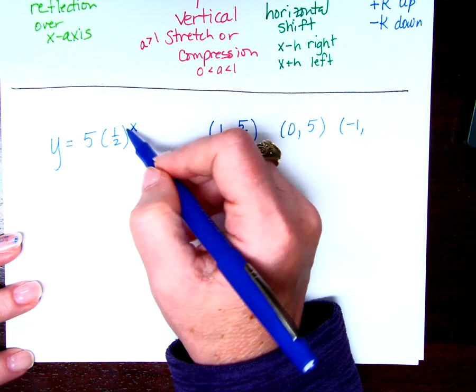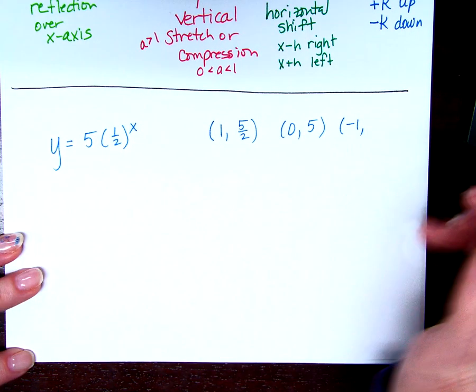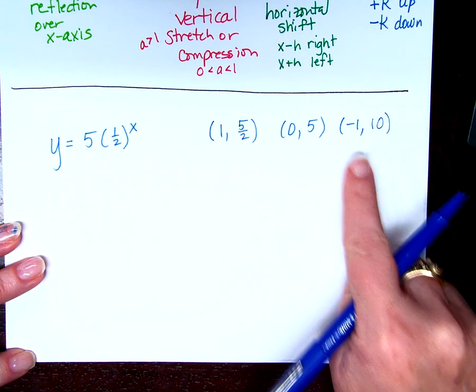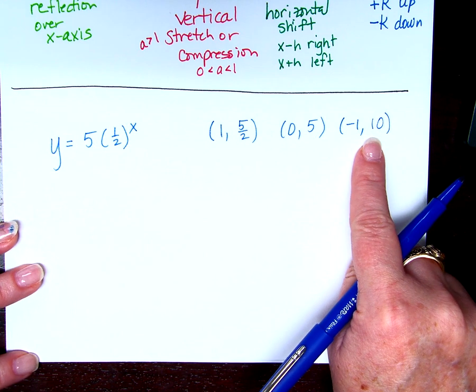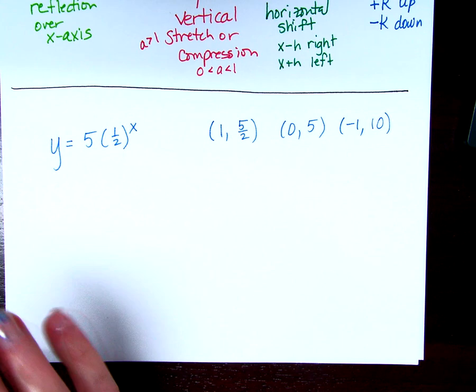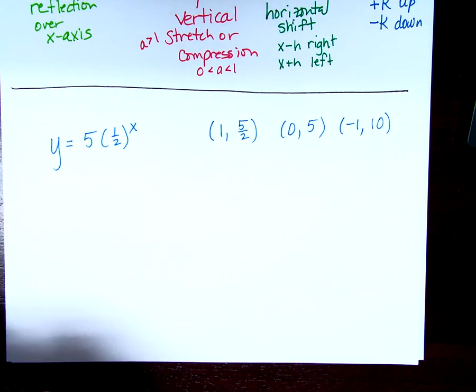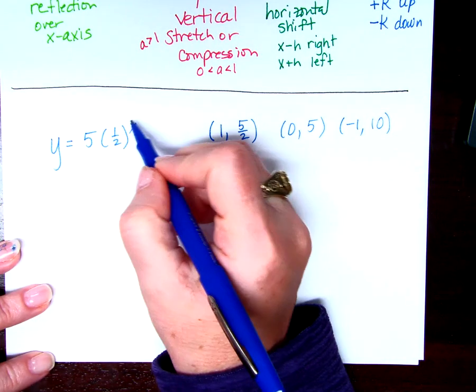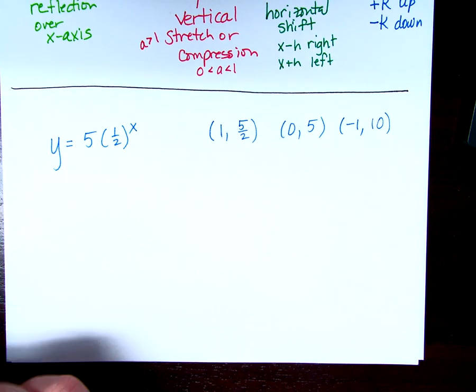Isn't that just 2? Well, what's 2 times 5? 10. So that wasn't difficult, was it? And I didn't have to have a fraction. Okay? So if there's a fraction here, maybe try a negative instead. Yes? Any questions?